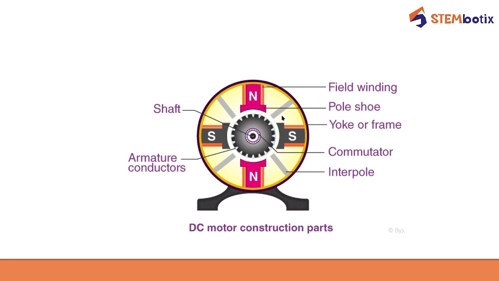These are the interpoles, and this is a commutator. After the shaft there is a commutator. After the commutator there are armature conductors, then interpoles, then pole shoe, then field windings, and the outermost part, which is enclosing the inner mechanism, is your yoke or frame. And these are nothing but legs.